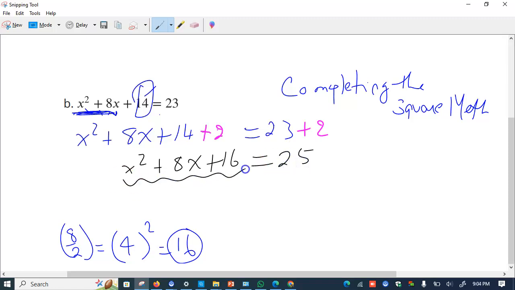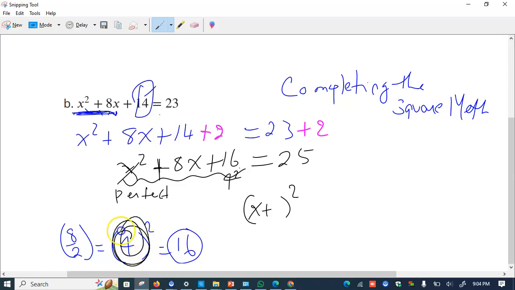And you can say this is a perfect trinomial, which can be written as the square of a binomial. Because there's an x, you put x. Because there's a plus, you put plus. And remember, this is 4 squared, and this is the piece which goes right here, and you're done. And the right side is 25.